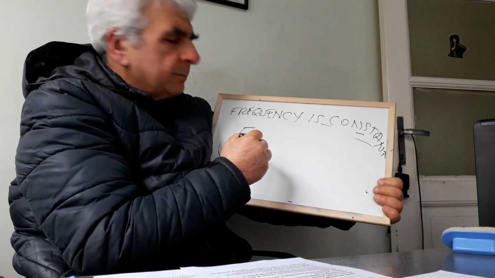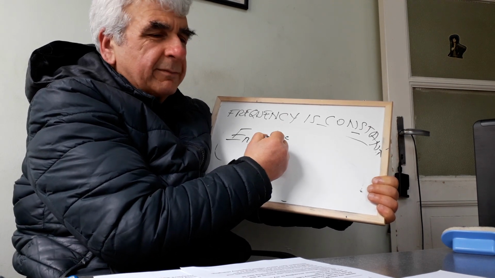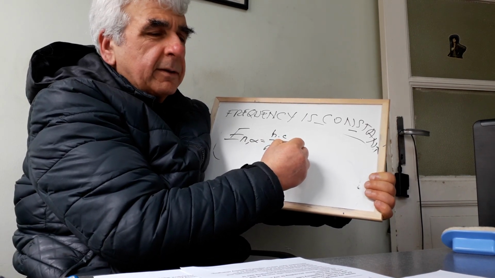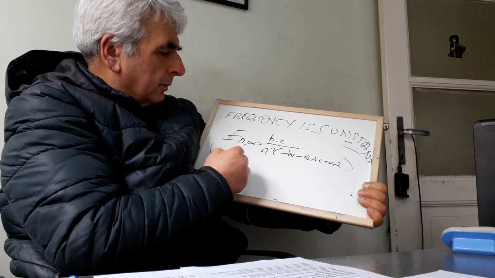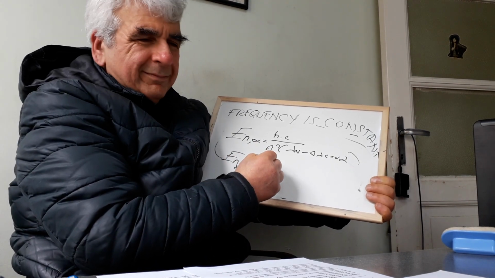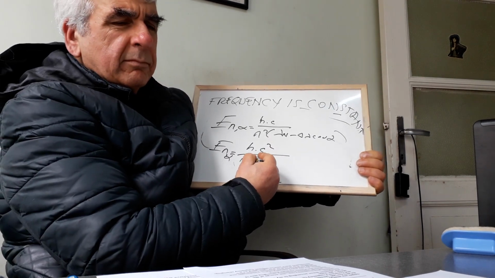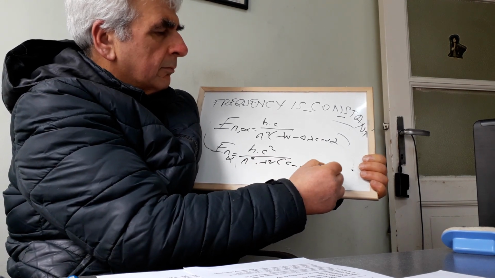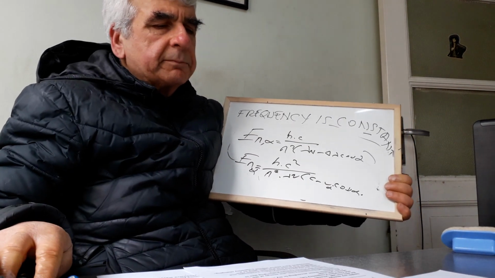E and alpha equal h c squared divided by n squared lambda n, here. Equal. Okay. This is our system.